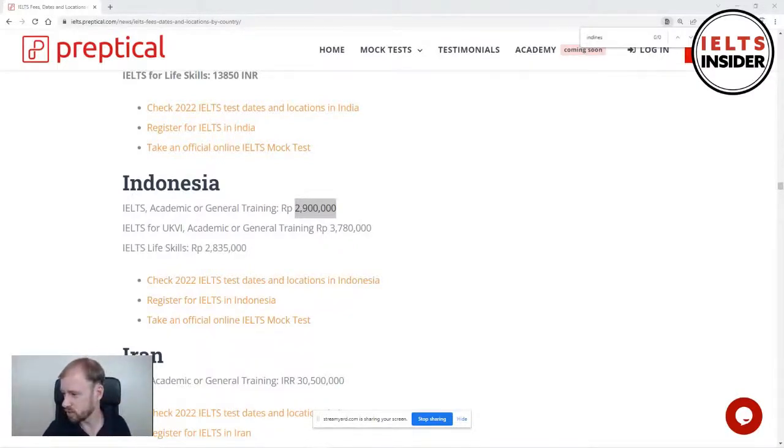Indonesia. It's expensive, but cheaper than other locations. So that's about $200 for the IELTS there. Morocco. Let's take a look at Morocco.